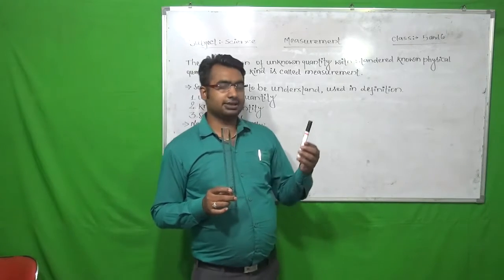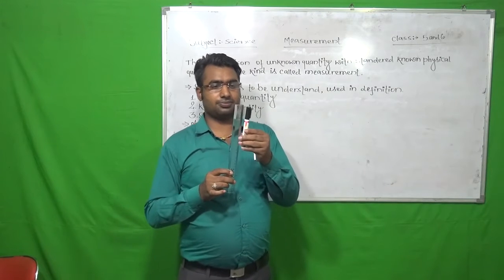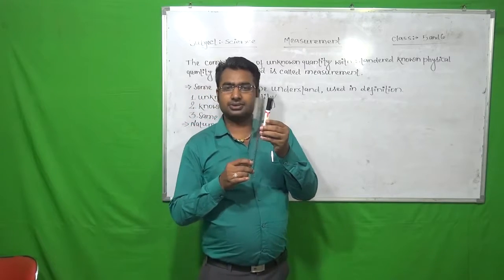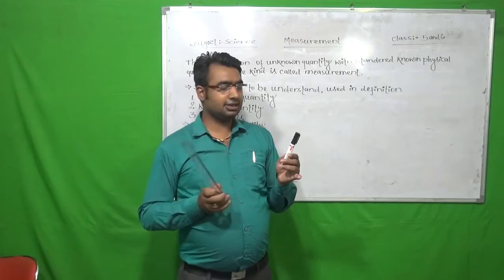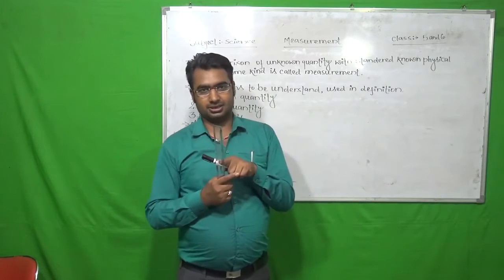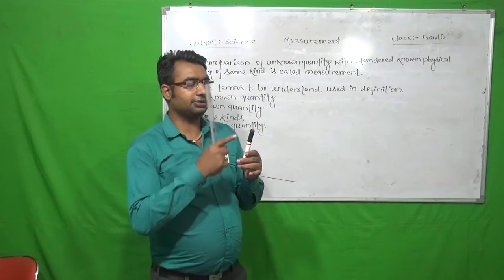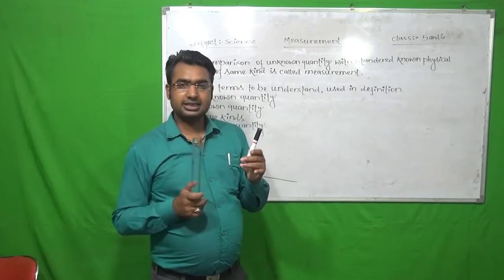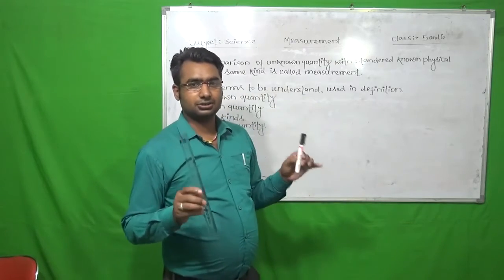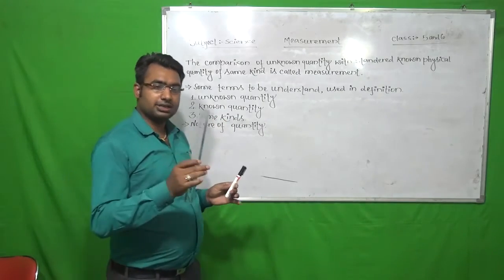When this marker and this ruler are brought together and compared with each other, we come to know that the length of this marker is 13 centimeter. Okay, students. So now I hope that you all understand what the unknown quantity is and what the known quantity is.